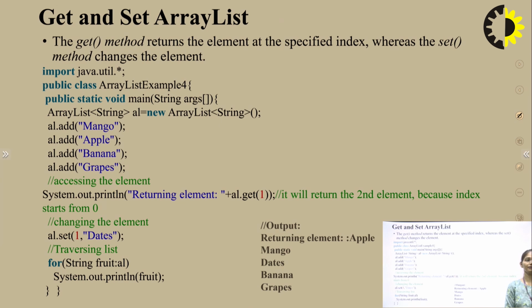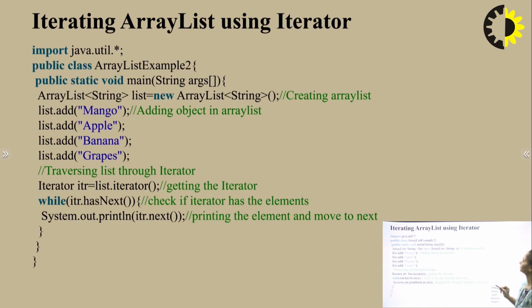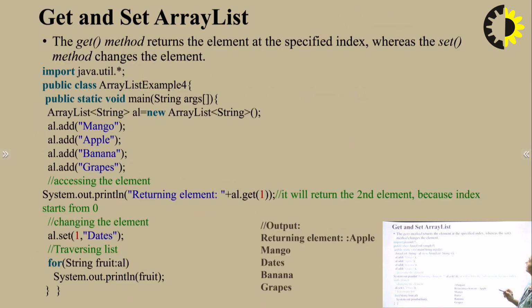The get method returns the element at the specified index.